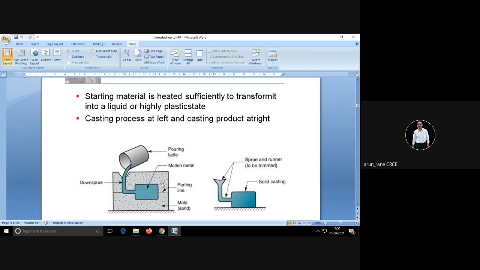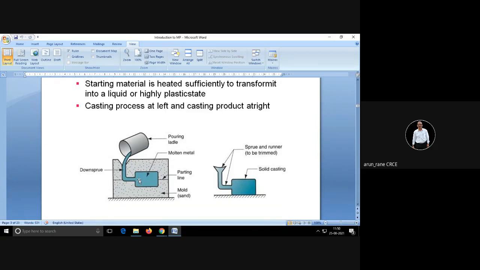In casting the mold is called the sand mold. So the sand mold will look like this. Let us imagine that this is the piece you want. It's a solid casting and you will have a depth. Say this is 100 mm and this is 75 mm. So you will have some depth here, which is not shown in this view.